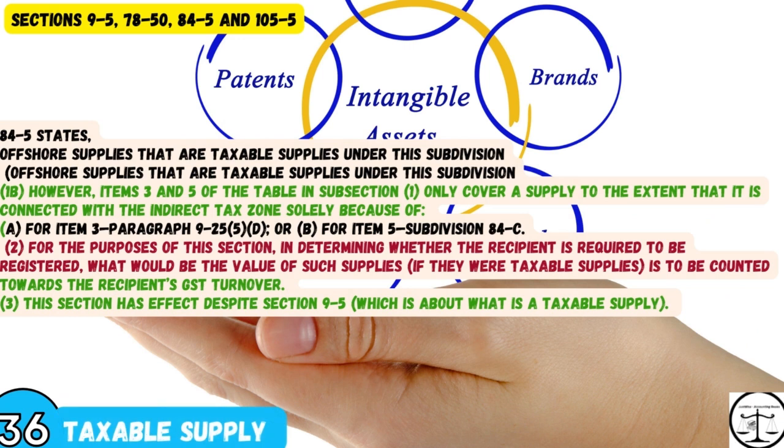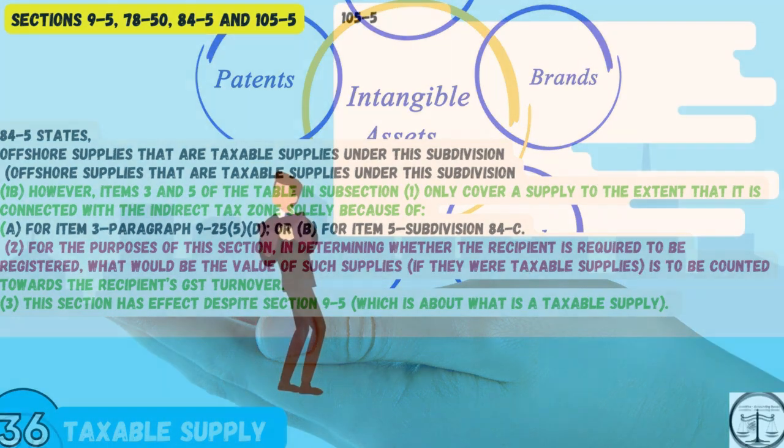However, items 3 and 5 of the table in subsection 1 only cover a supply to the extent that it is connected with the indirect tax zone solely because of A. for item 3, paragraph 9-25(5)(d), or B. for item 5, Subdivision 84-C. 2. For the purposes of this section, in determining whether the recipient is required to be registered, what would be the value of such supplies, if they were taxable supplies, is to be counted towards the recipient's GST turnover. 3. This section has effect despite section 9-5, which is about what is a taxable supply.